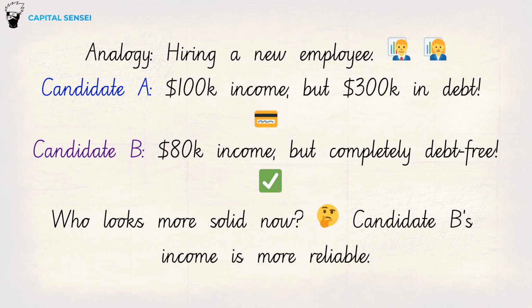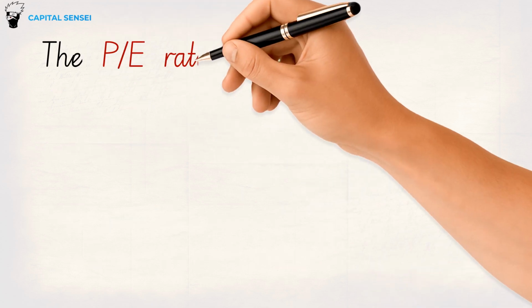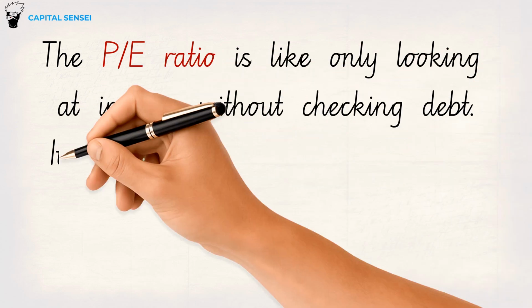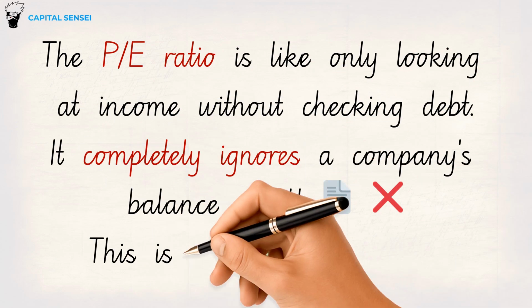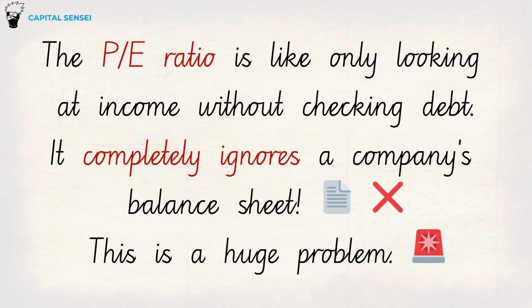But what if you dug a little deeper and found out candidate A has $300,000 in high-interest credit card debt and a massive mortgage, while candidate B is completely debt-free? Suddenly, that $80,000 income looks a lot more solid. The PE ratio is like only looking at the income without checking the debt. It completely ignores a company's balance sheet.